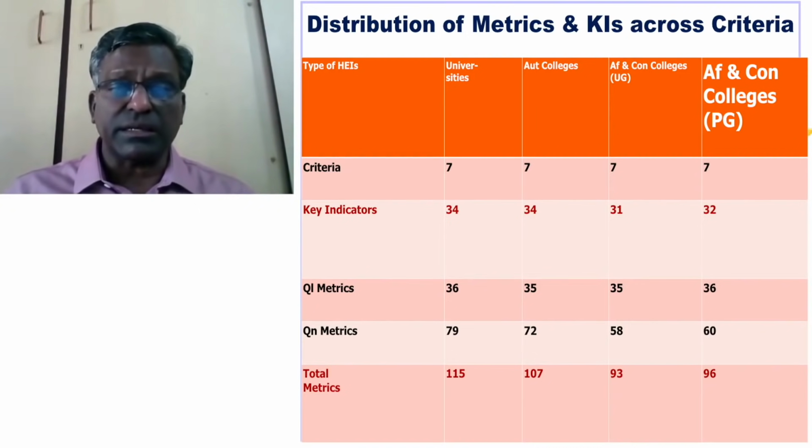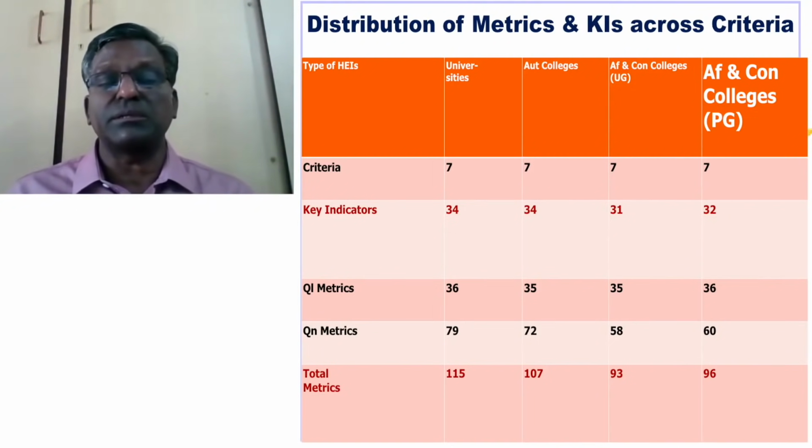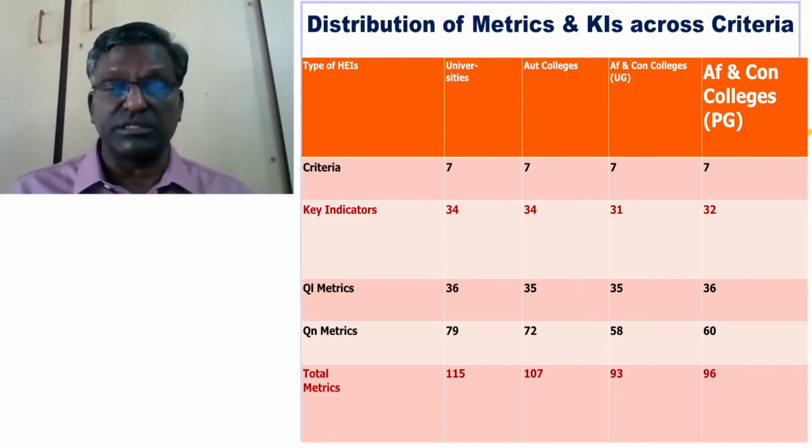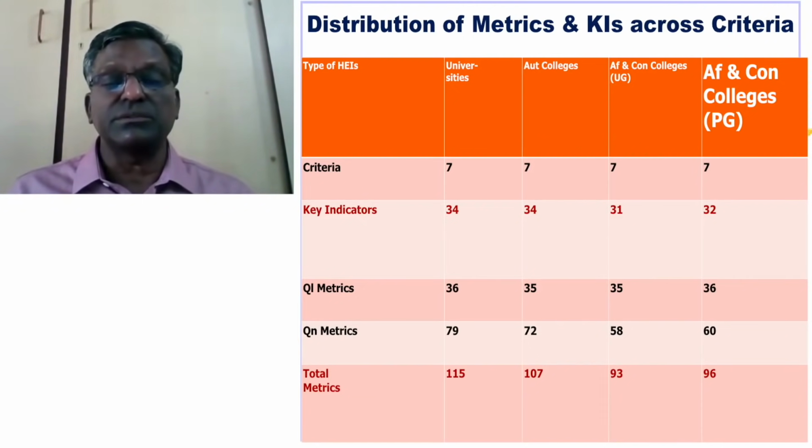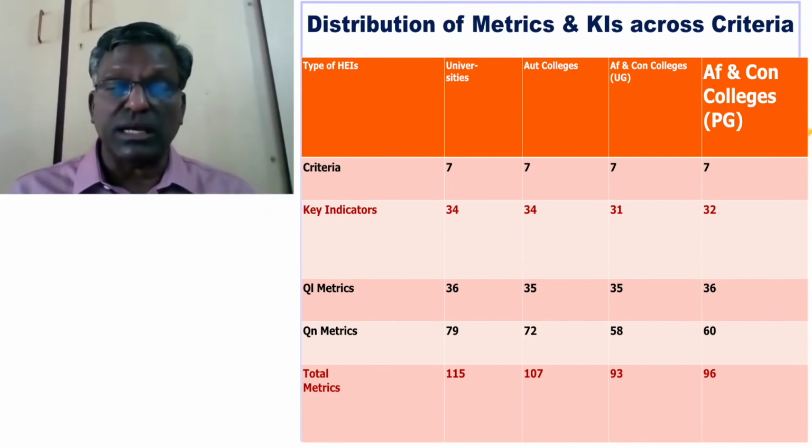Criteria, and criteria are broken up into key indicators, and we have metrics, qualitative metrics and quantitative metrics. And invariably, we have more quantitative metrics than qualitative metrics because it is easy to calculate and therefore it is easy to evaluate and it is objective to a large extent.